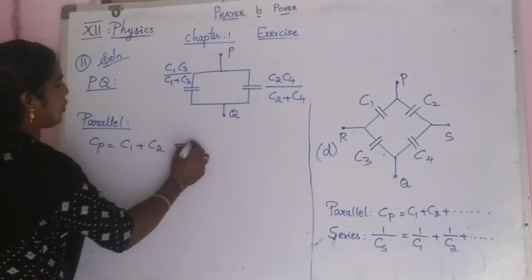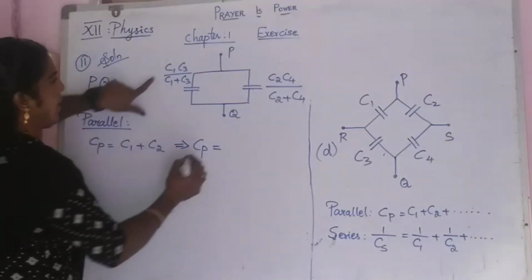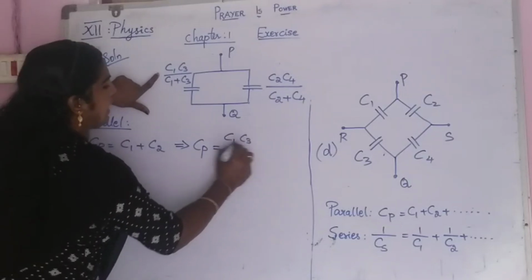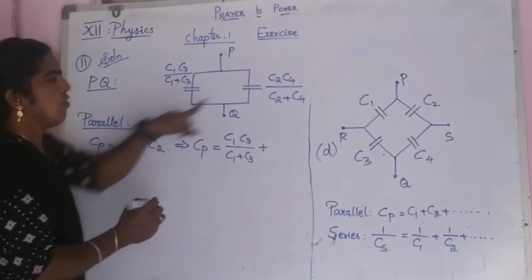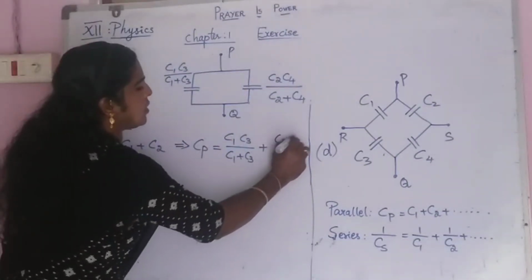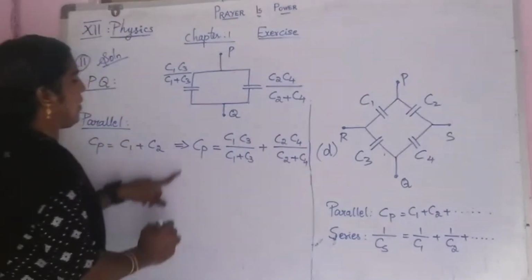Cp is equal to C1 C3 divided by C1 plus C3, plus C2 C4 divided by C2 plus C4.